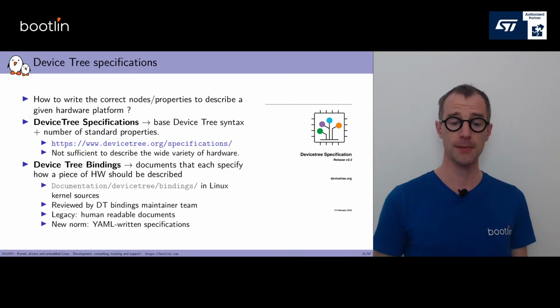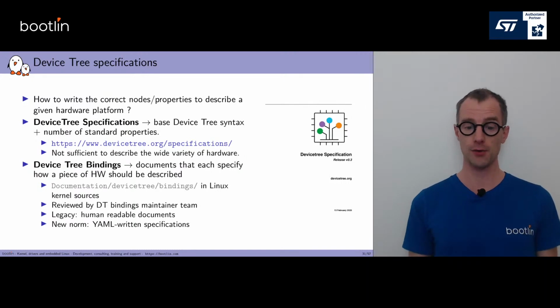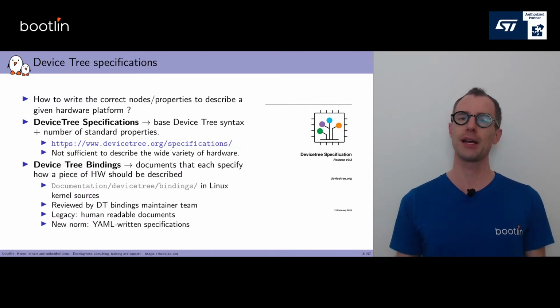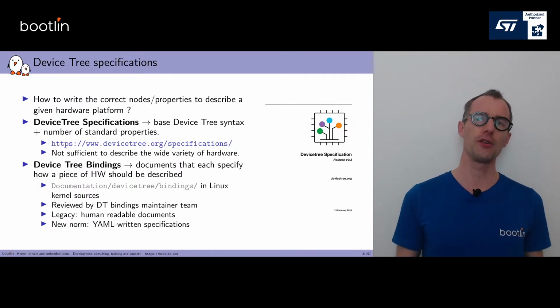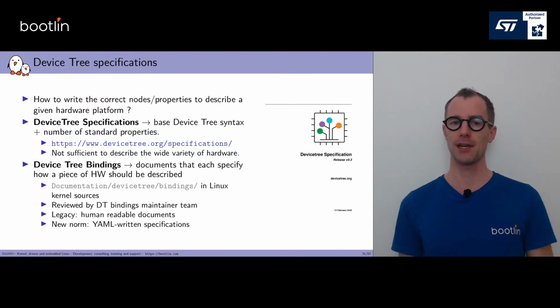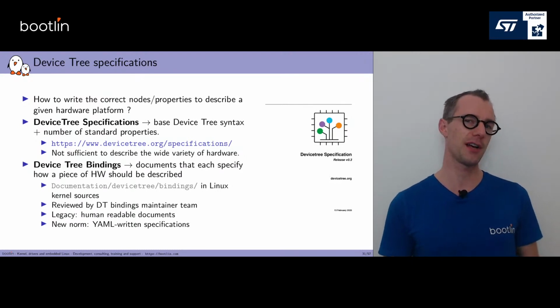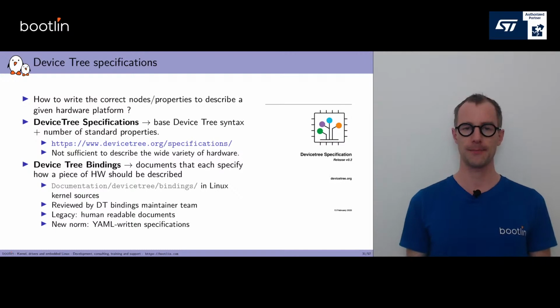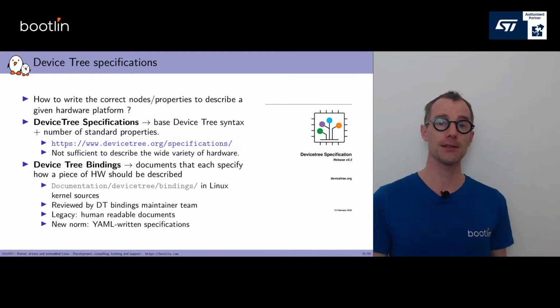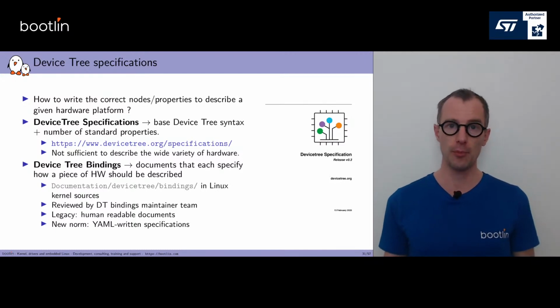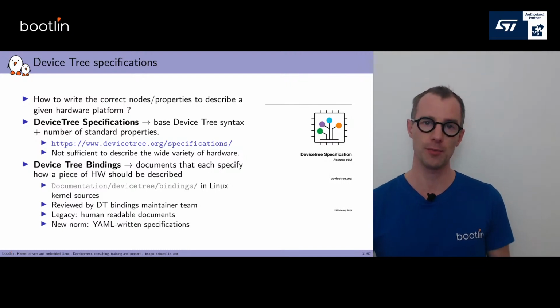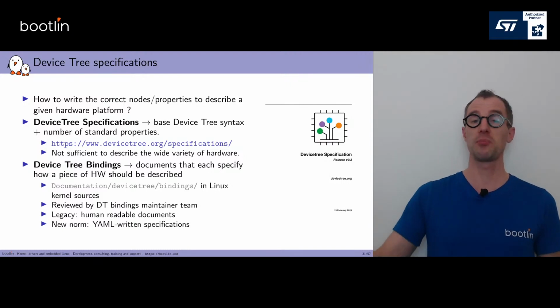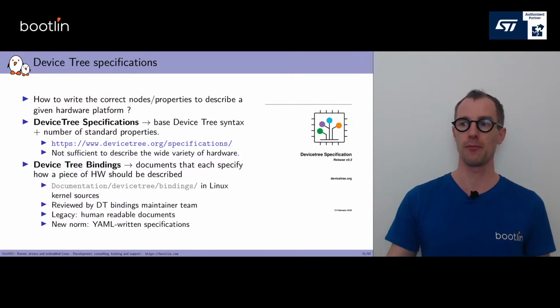These documents are stored in the Linux kernel sources in Documentation/devicetree/bindings. I think here again, very much like the DTS files themselves, the kernel serves as the reference for those bindings. And indeed, these bindings are written by kernel developers when they write a driver for a piece of hardware that will be used in a device tree based platform.